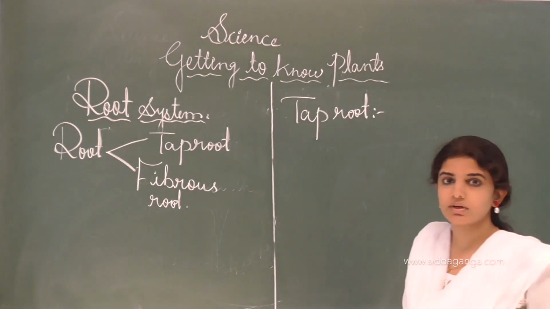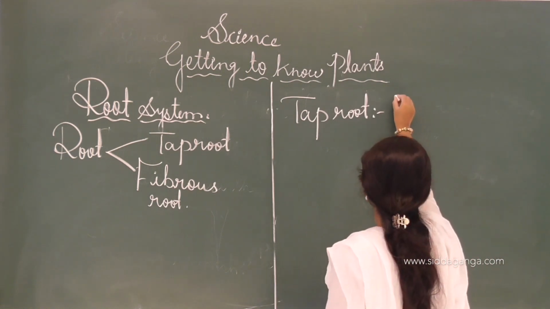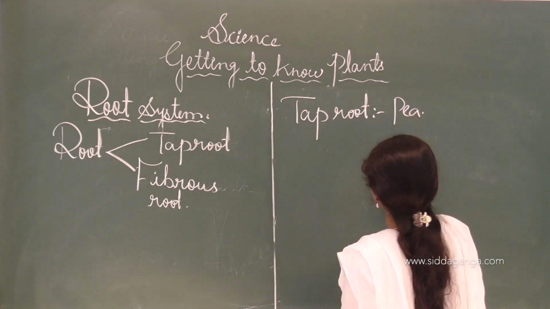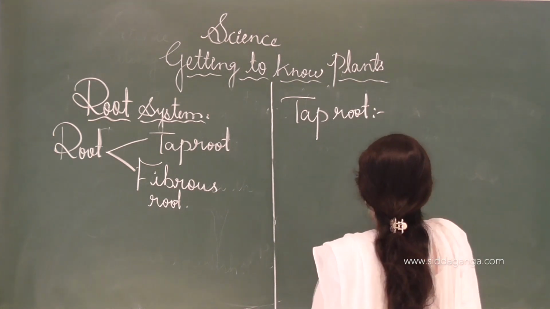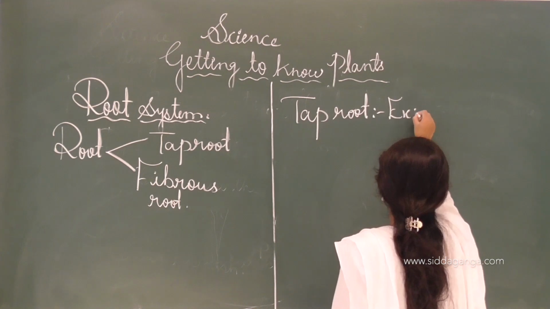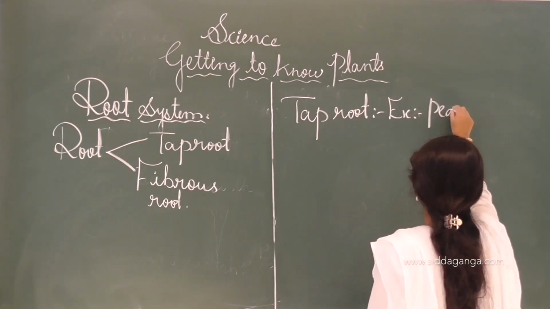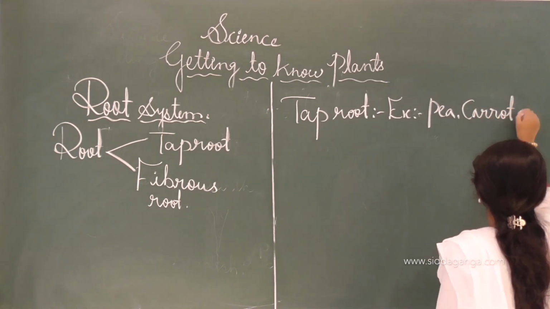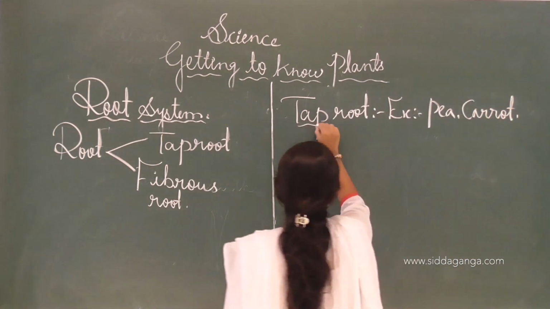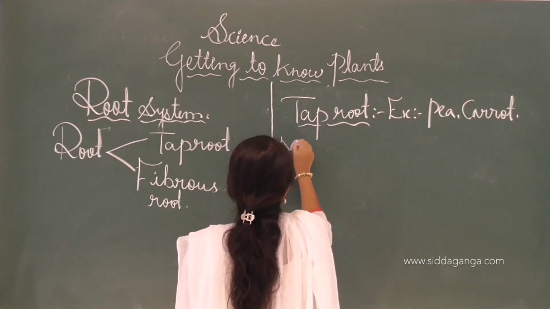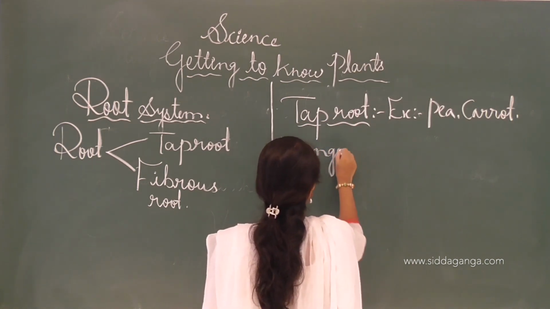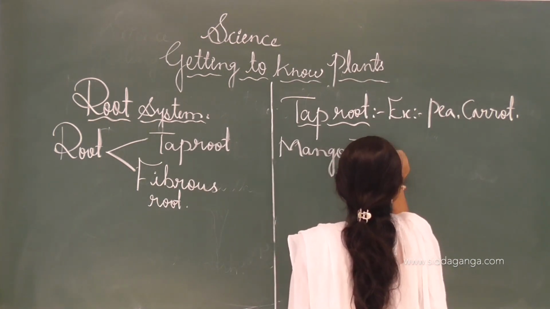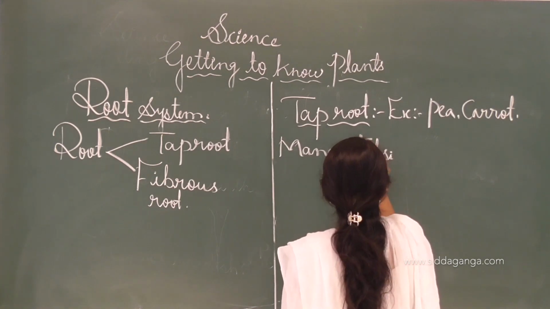Examples for tap roots are the pea plant, carrot, mango, tulsi. These are a few examples for the tap root.